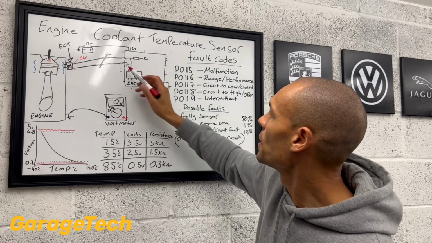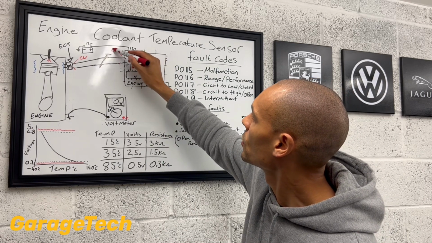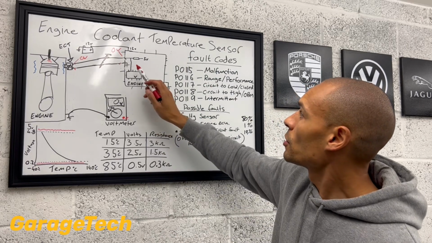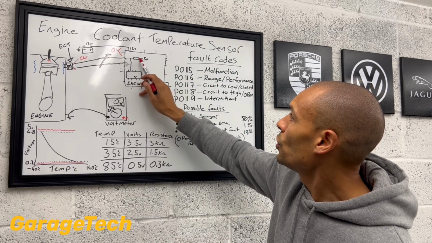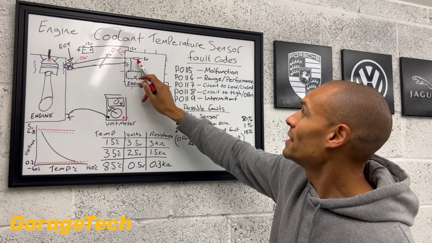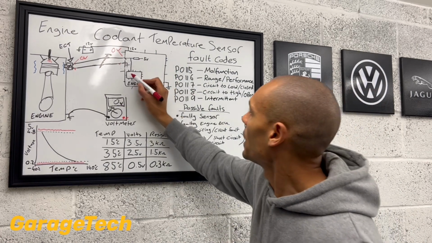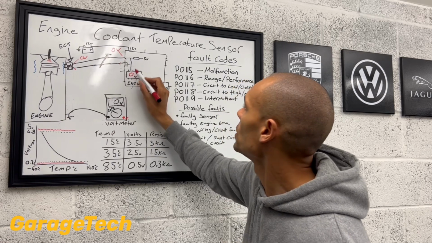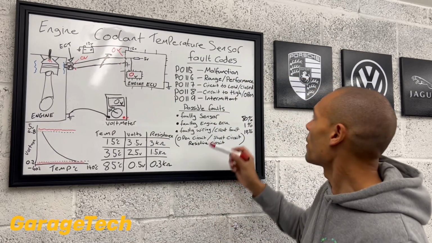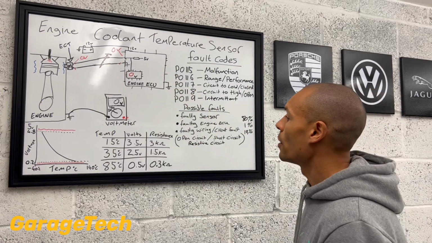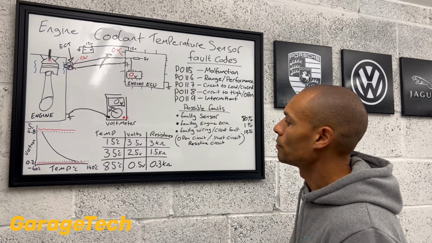Okay, and the same if you were to measure here, it's going to be 0 volts, because basically all of the voltage is being consumed by that resistor that's inside the actual engine control module. So inside your ECU is going to be measuring 0. That relates to that circuit too low, because it's saying that I can read a low voltage reading.